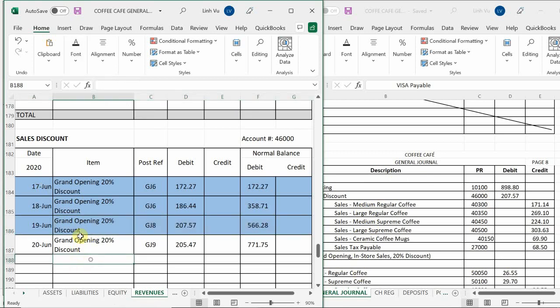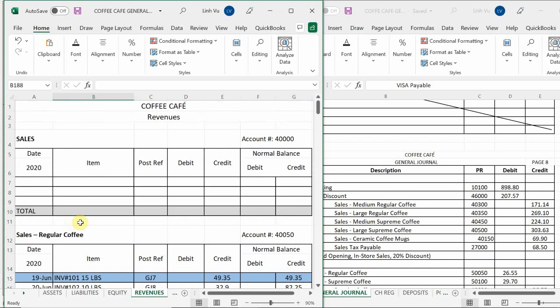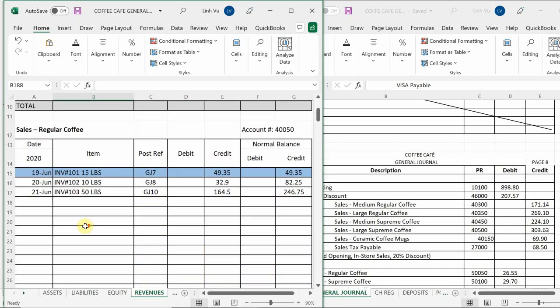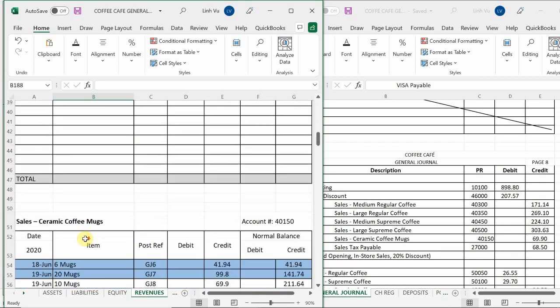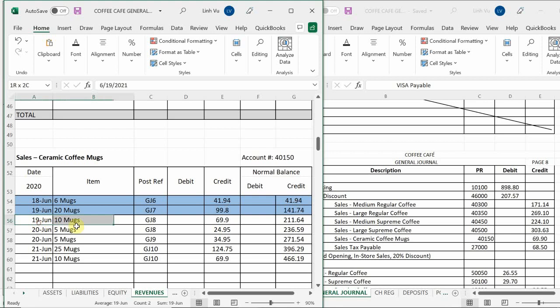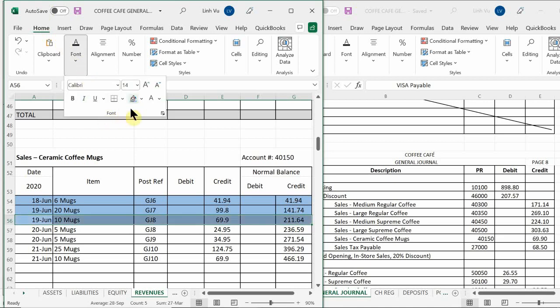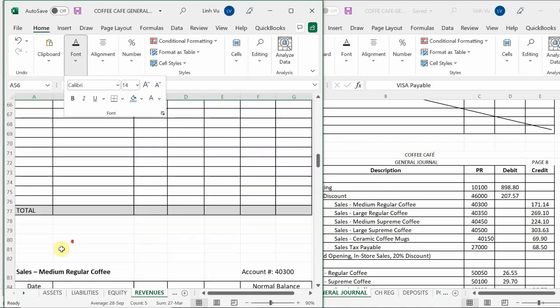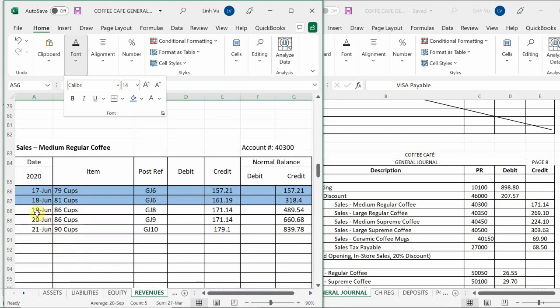So sales for the ceramic coffee cups for the 69. There you go. We have the sales for the medium regular for the 171.